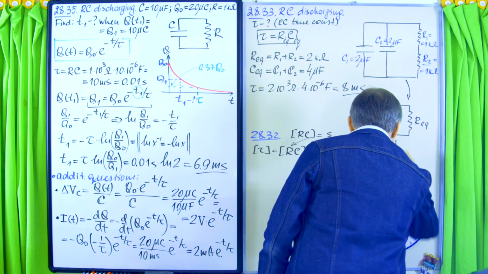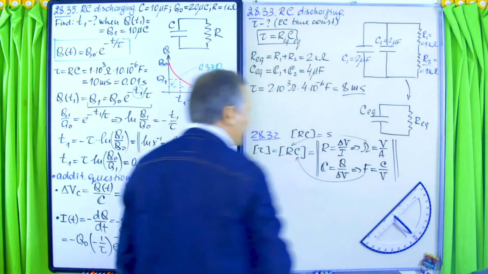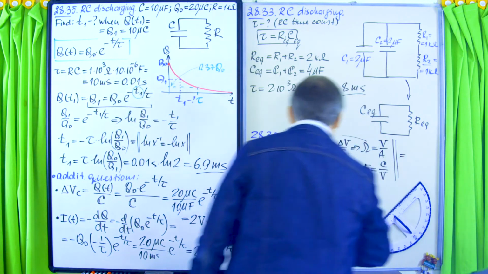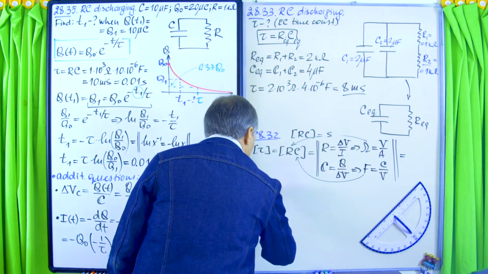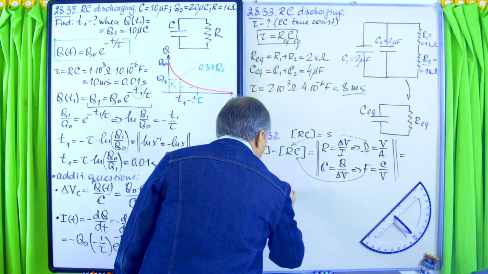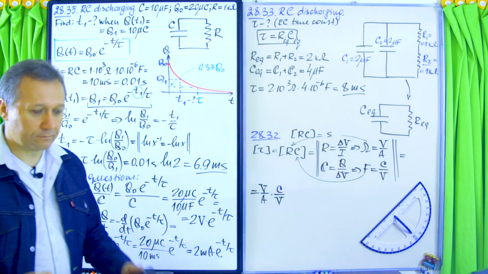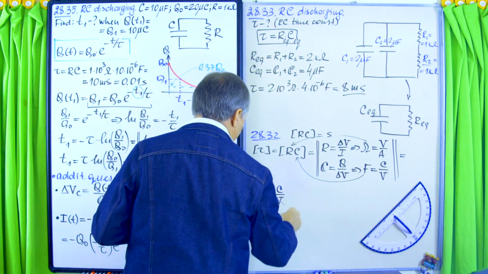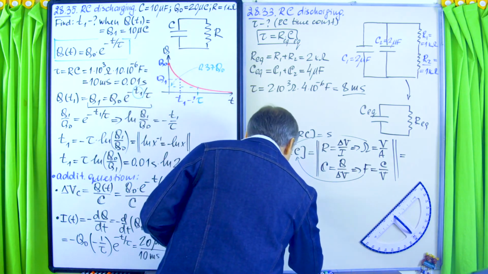Okay, now I can close my explanation box, and of course this goes instead of C. So now let me put them together. It will be volts divided by amps, times coulombs divided by volts. The volts are cancelled, and we have coulombs divided by amps.